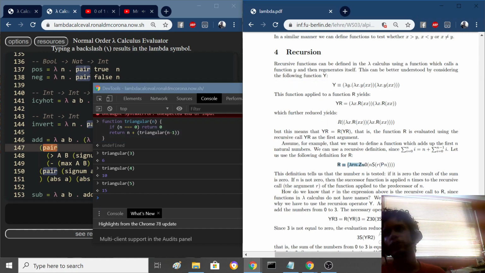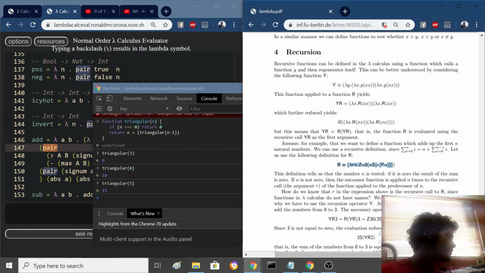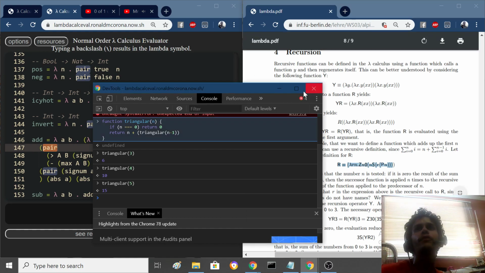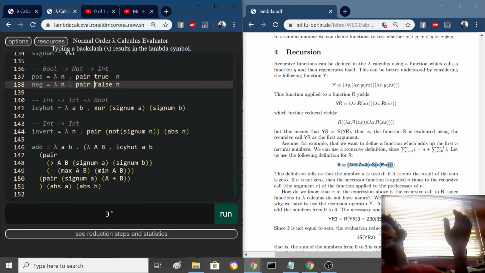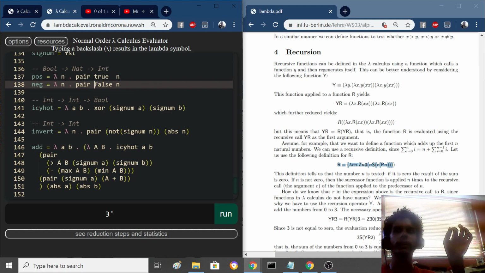But this function cannot refer to itself because we don't have names in the lambda calculus. So yeah, except that we are using the equal sign because it makes things a lot easier. It is cheating a little bit, but it helps. So we're going to do it.